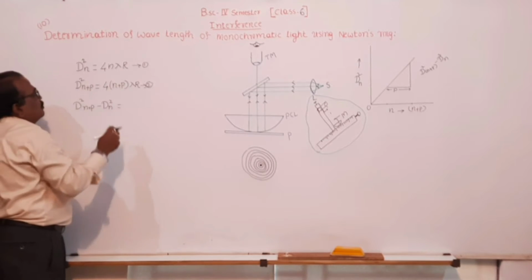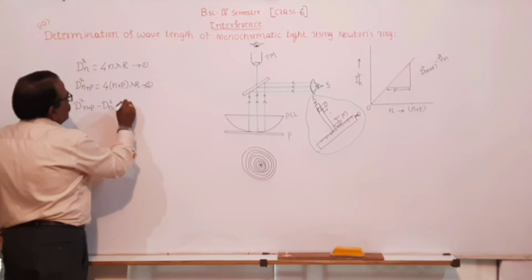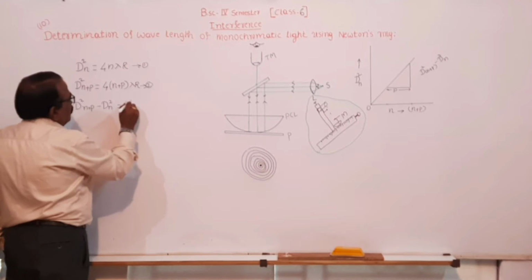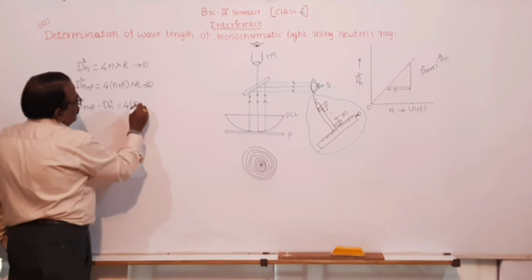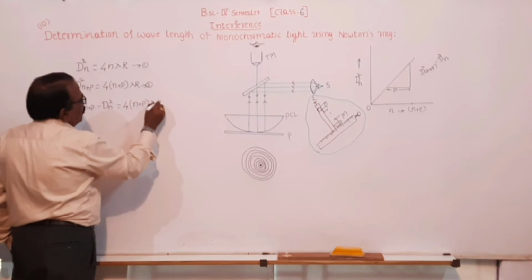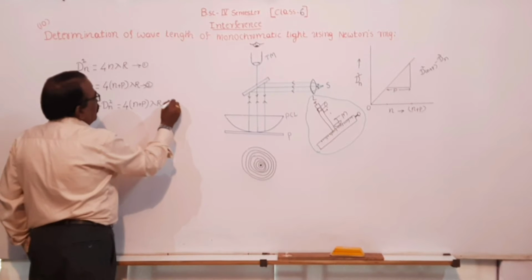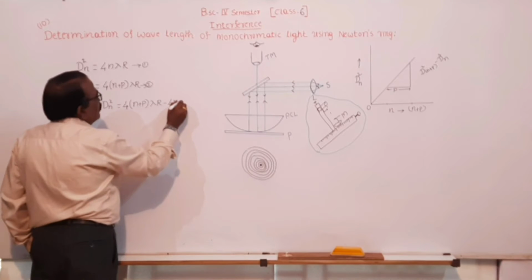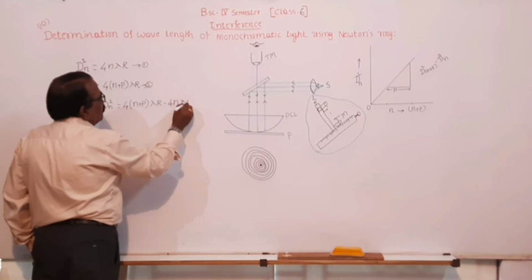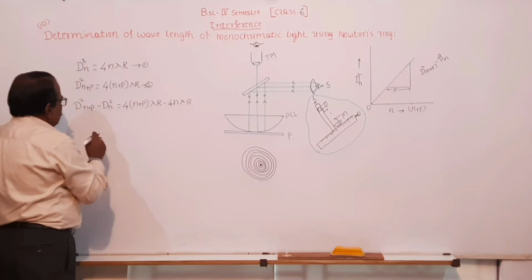this minus this, you are going to get 4 (n plus p) lambda R minus 4 n lambda R. 4 n lambda R and 4 n lambda R get cancelled.